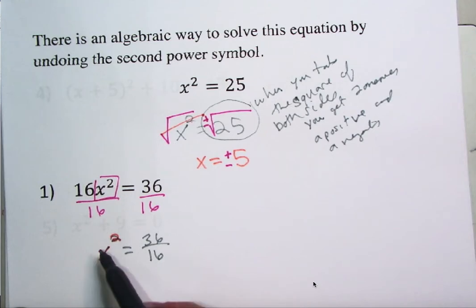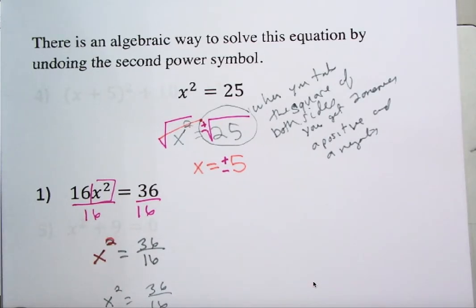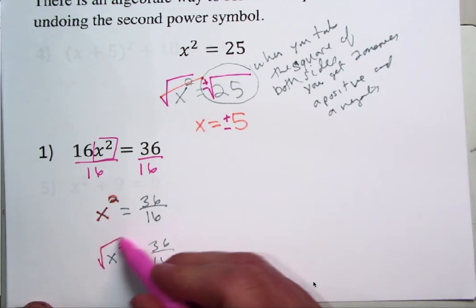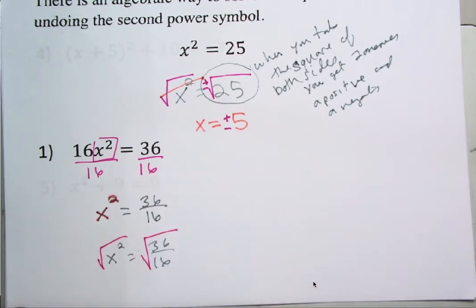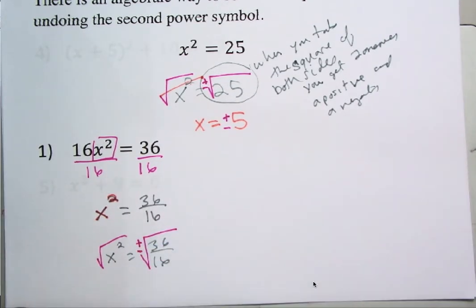We can undo this squared by taking the square root of both sides. But again, when you do it to these numbers, we have two answers here, both a positive and negative, so I like to put it in right away.